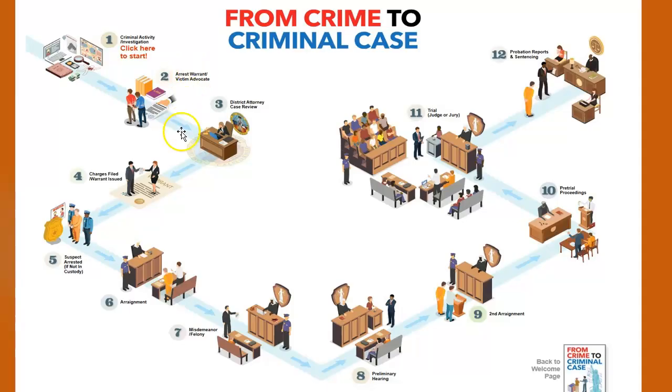You just click on the number, and it explains to you what takes place in the arraignment, what takes place in the felony preliminary hearing, your second arraignment, your pre-trial, trial, judge or jury, the jury selection, probation reports, and sentencing. Very, very comprehensive link. So make sure that, if you are interested in pursuing a career as a court interpreter, that you know those timelines.